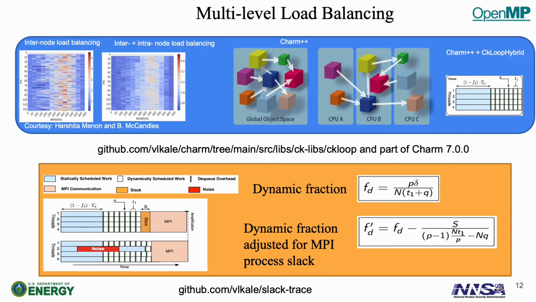And so now, what are the dynamic fractions of the cards within each supernode? That can be identified. So the supernode can be associated with an MPI process, and then you can have a formula that optimizes for DQ overhead and load imbalance.